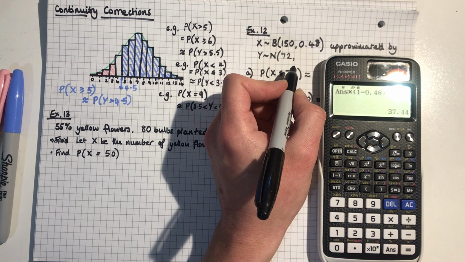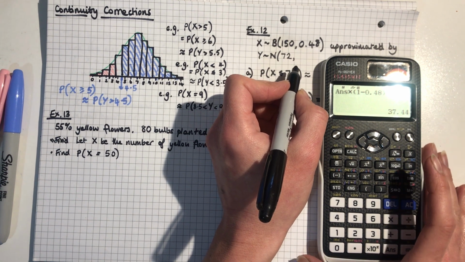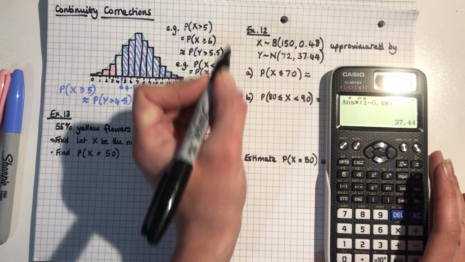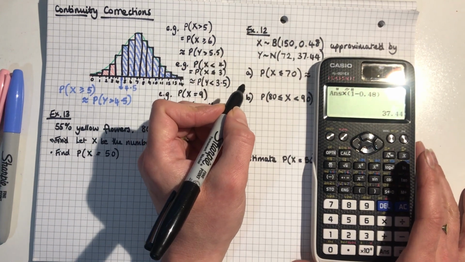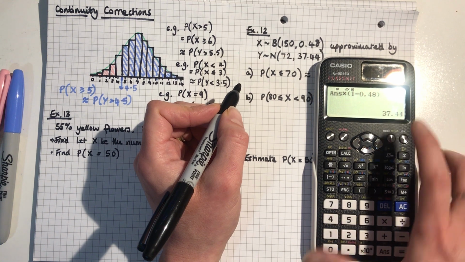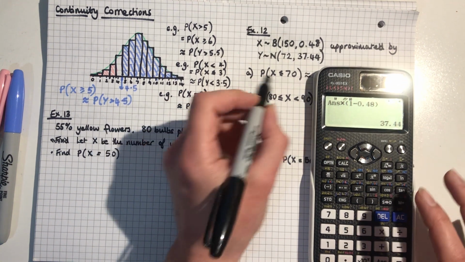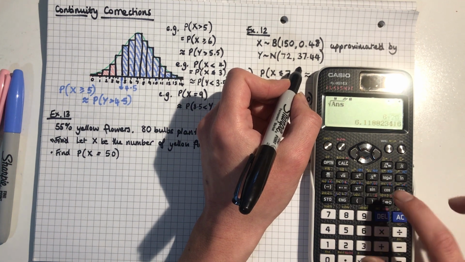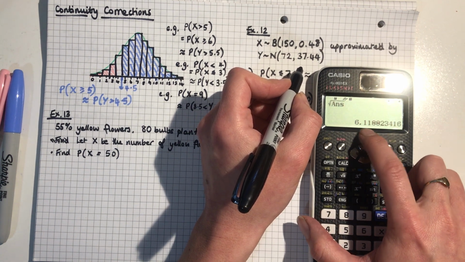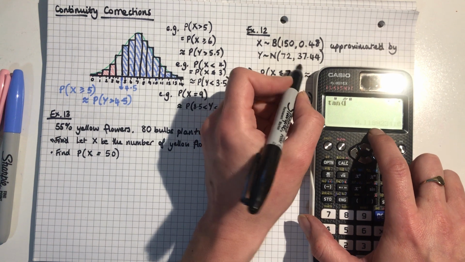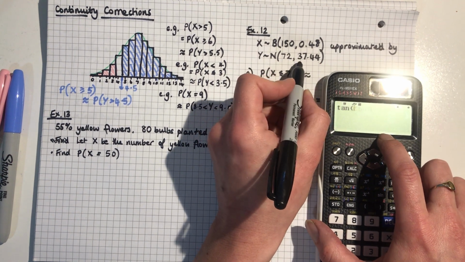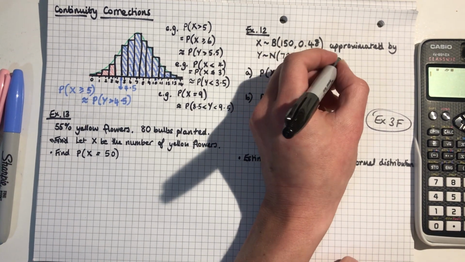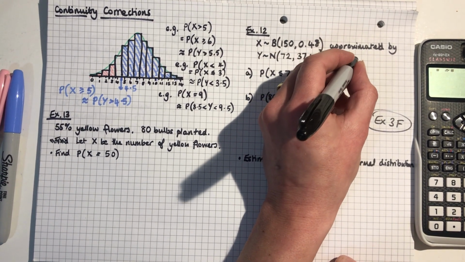That gives me 37.44 for the variance. If you look in the book, it doesn't give you 37.44 explicitly. It writes that as 6.12 squared. I've given the exact value of the variance, but the book writes it as the standard deviation squared. So let's make a note of that, 6.12 squared.